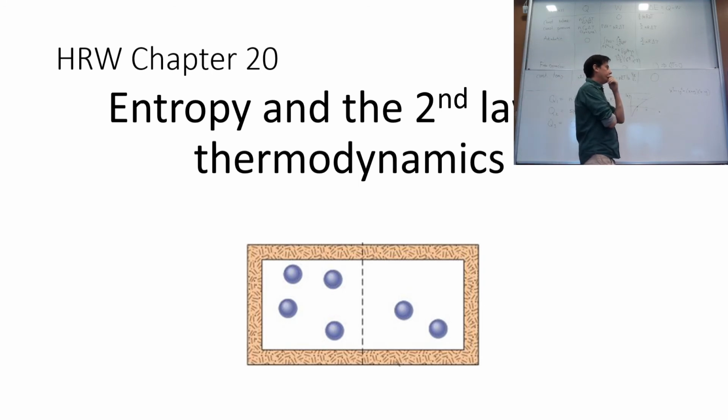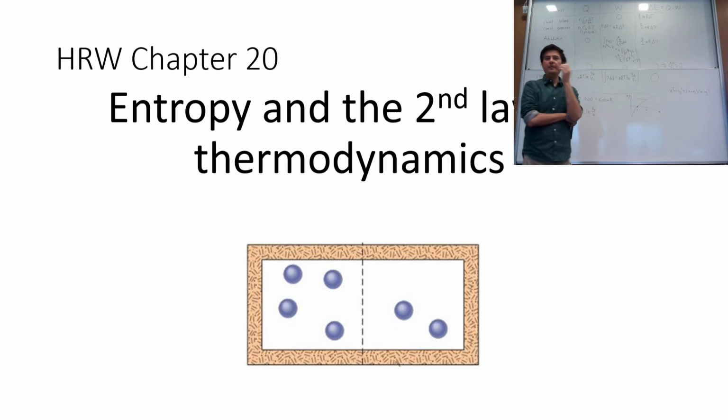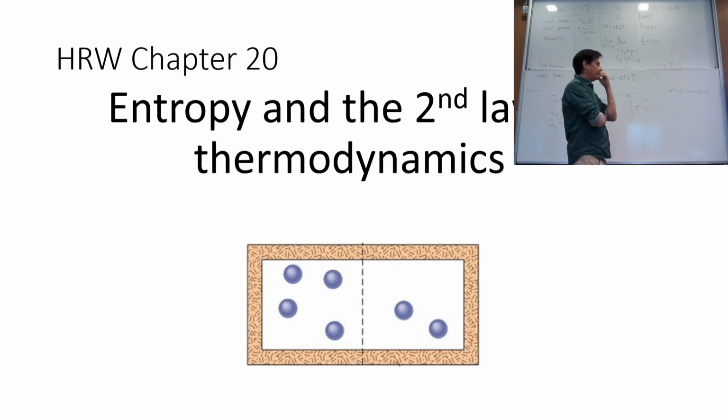So there's this concept of entropy and the Second Law of Thermodynamics, and they're both pretty interesting ideas. You might have heard of entropy. It's actually a measure of randomness in the system.